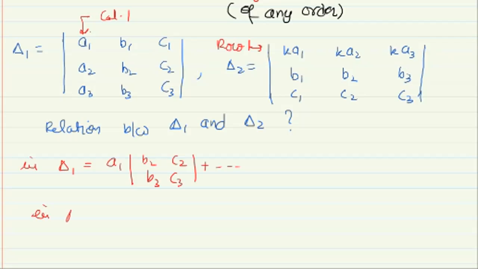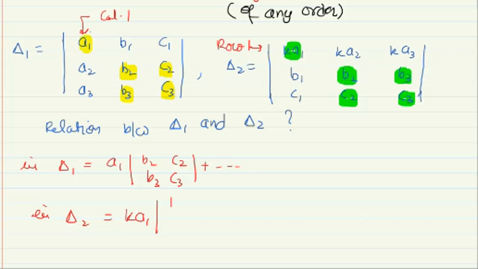And in delta 2, it will be ka1 times b2, c2, b3, c3. So the cofactor is the same, no? b2, b3, c2, c3.